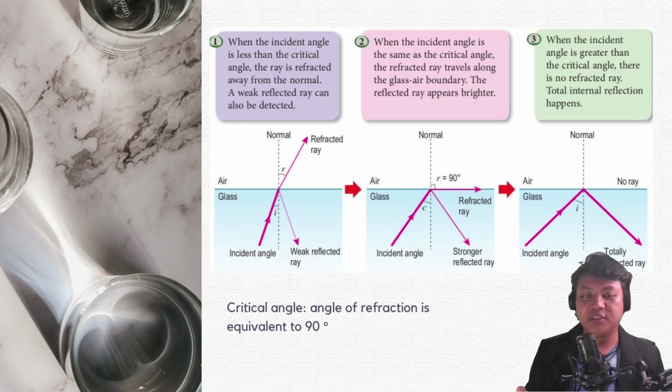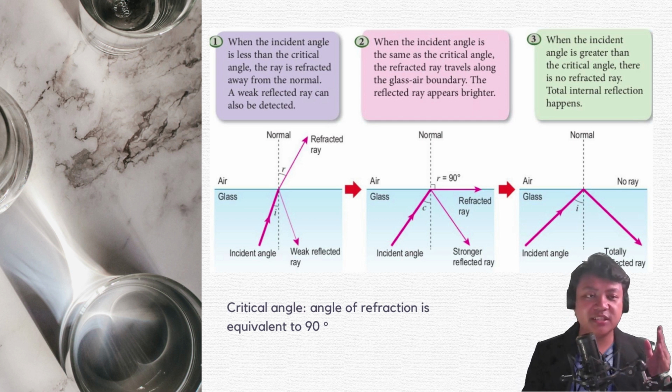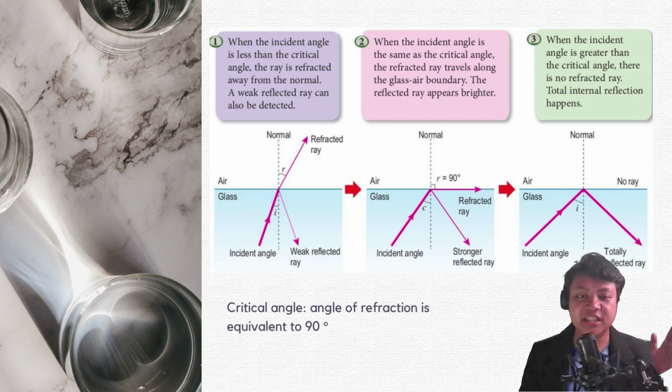From this slide, you can see it much more clearly than from that experiment. Even though that experiment is amazing, you can't see the smaller details. From this diagram, you can see what is happening. Why is there a 90-degree refracted ray?